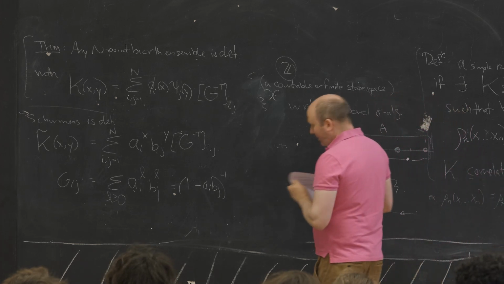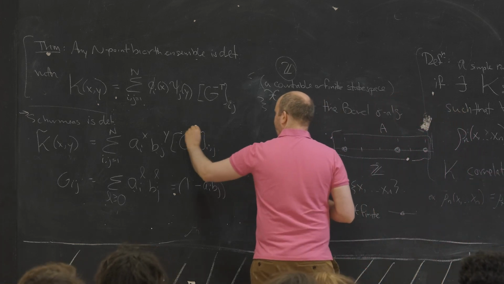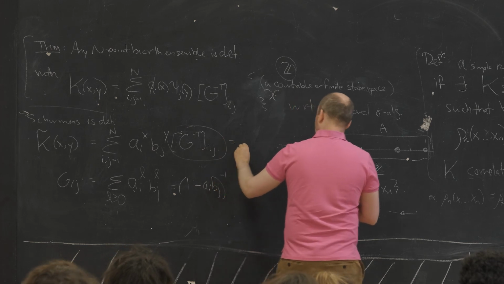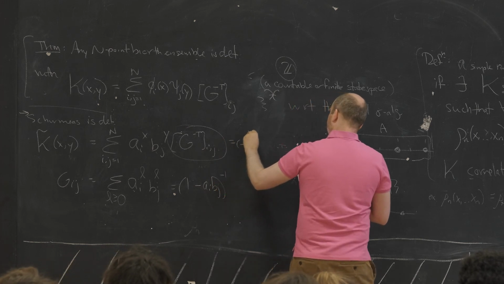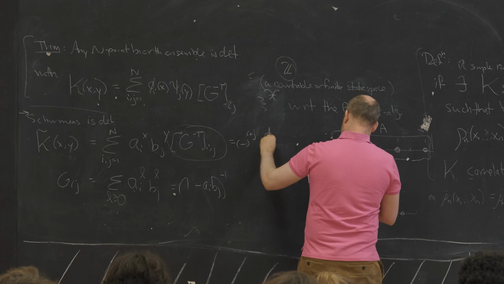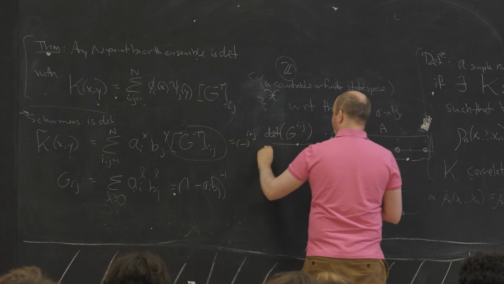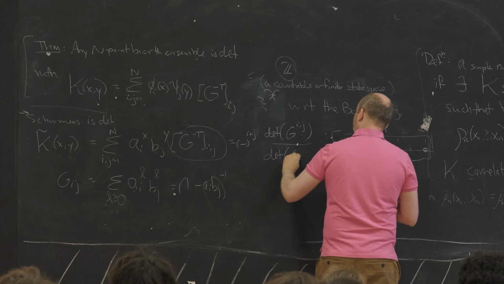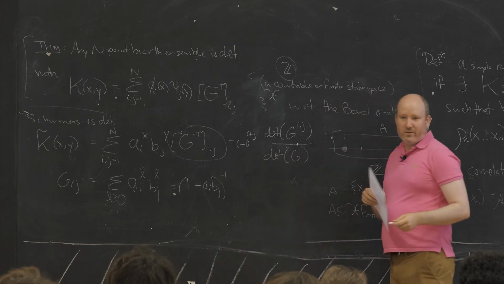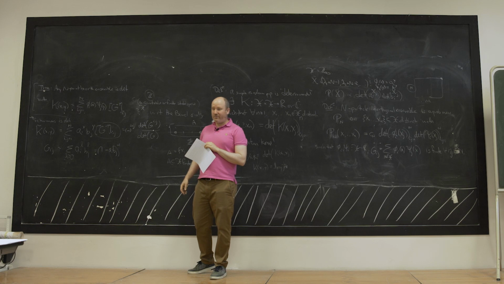What Cramer's rule tells you is that this is equal to some sign, and then the determinant of G where you've removed the ith row and the jth column, divided by the determinant of G. This is how you compute the coordinates of the inverse.